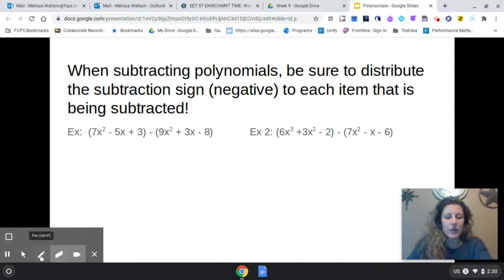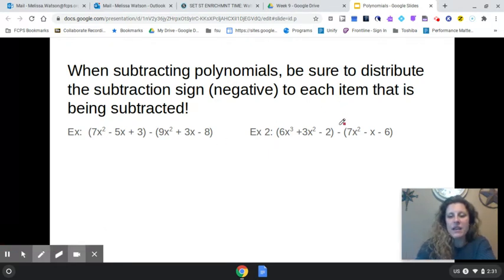Okay, so for example 2, again, I'm going to distribute that negative sign to each item in the second set of parentheses. So that second polynomial, we're distributing that negative to all 3 terms. The first polynomial is not changing, so I'm just going to pull that down. 6x cubed plus 3x squared minus 2.